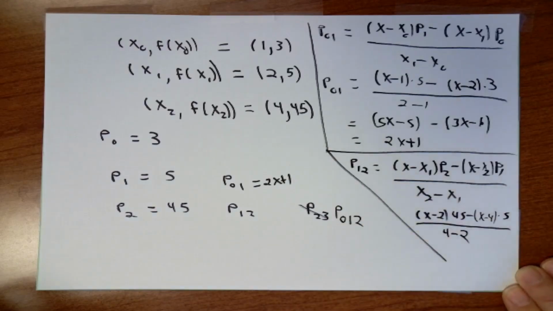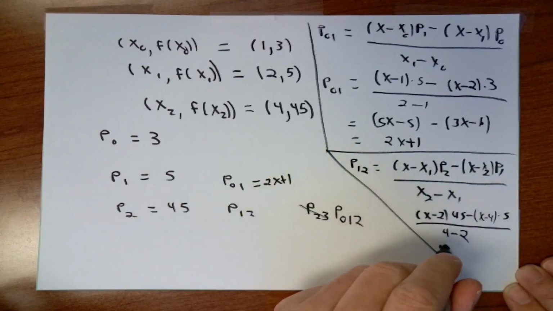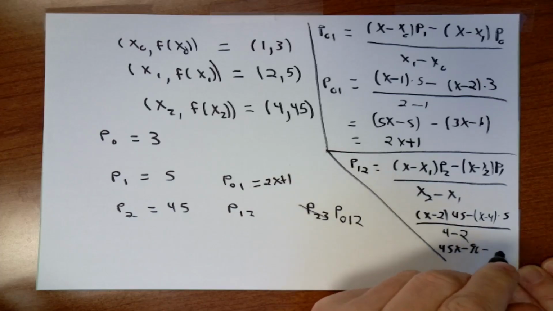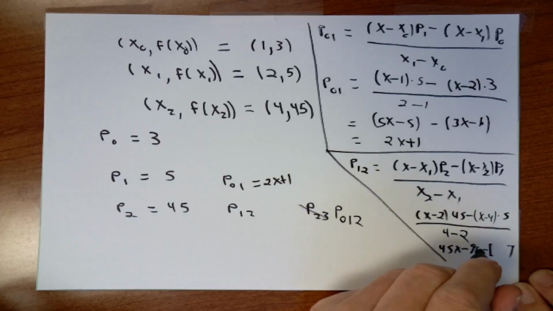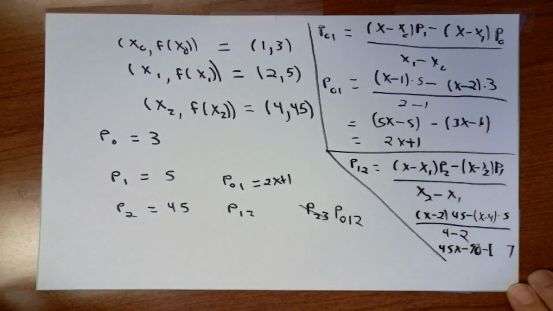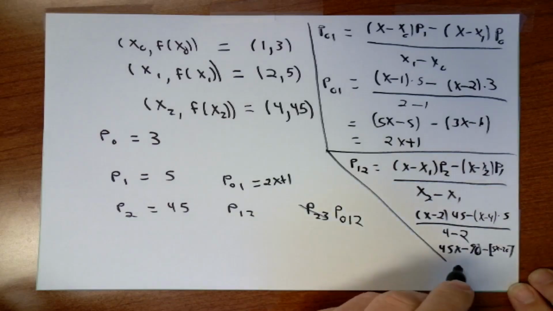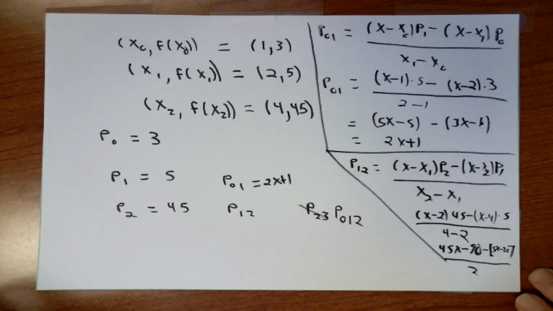And all I have to do is simplify the algebra. So this will be 45x minus 90, and from that, I'm going to subtract away whatever x minus 4 times 5 is, 5x minus 20, over 2.